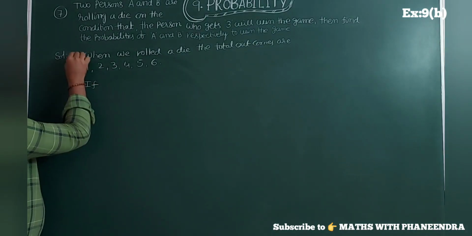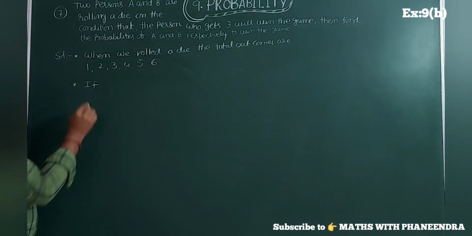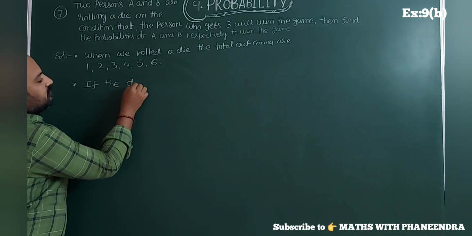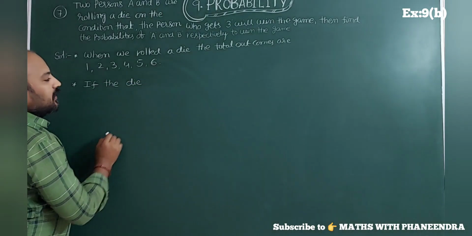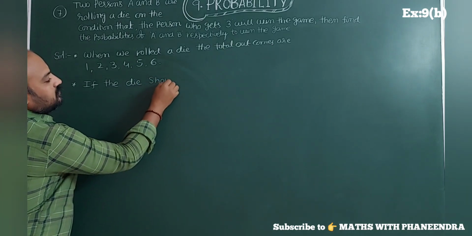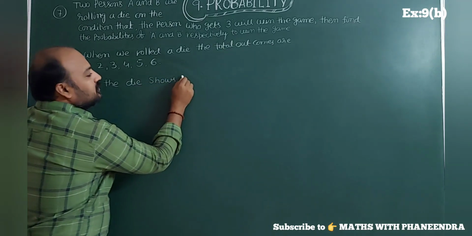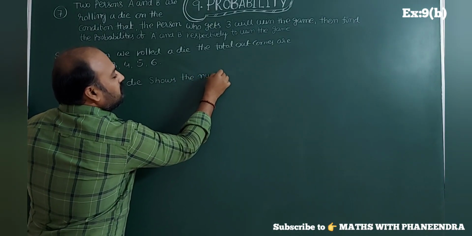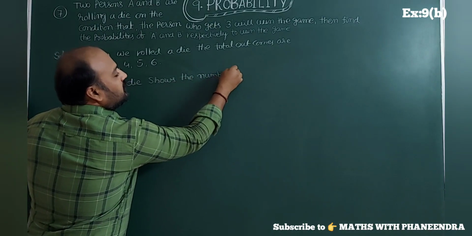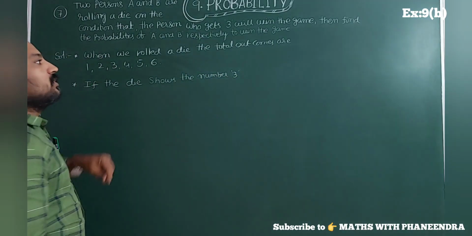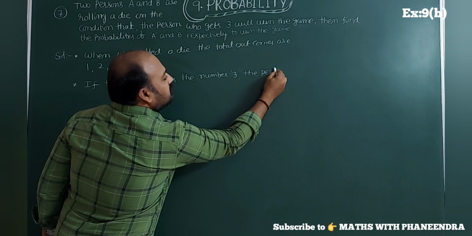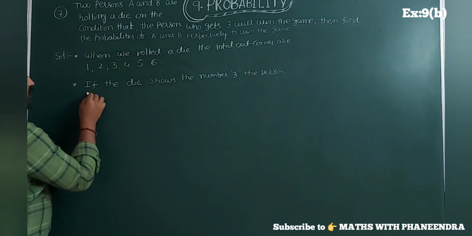If the die shows the number 3, the person will win the game.